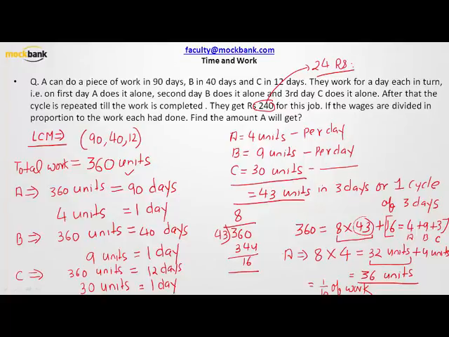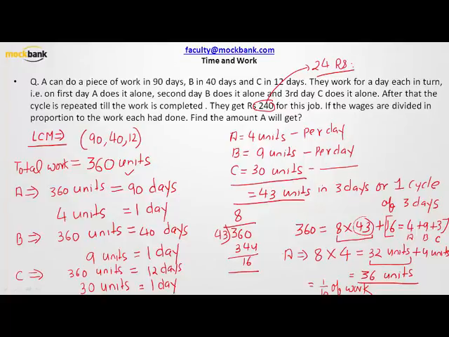A does 36 units, that is 1/10 of the work, and hence A will be given 1/10 of the total remuneration that is going to be distributed, and that comes out as 24 rupees. I hope you're getting it.